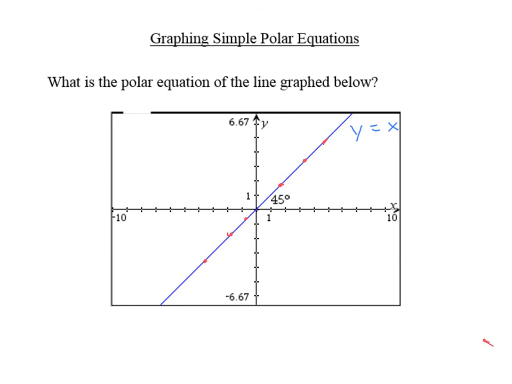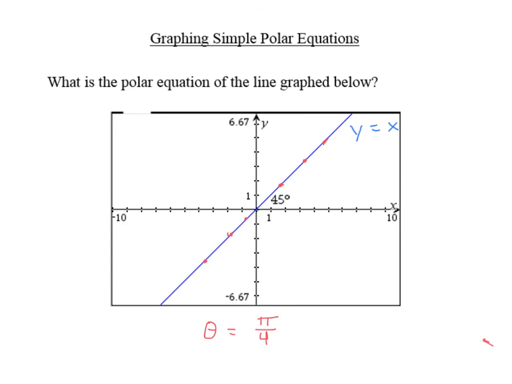Well, if you figured out that every one of these points has a theta value that's equal to pi over 4 or 45 degrees, then you're there. You have it. All we have to write is theta equals pi over 4. That is the polar equation for this line. It's basically saying we don't care what r is, but make sure that your theta, or your angle, is pi over 4.